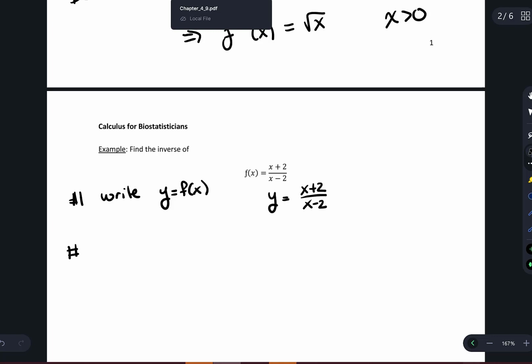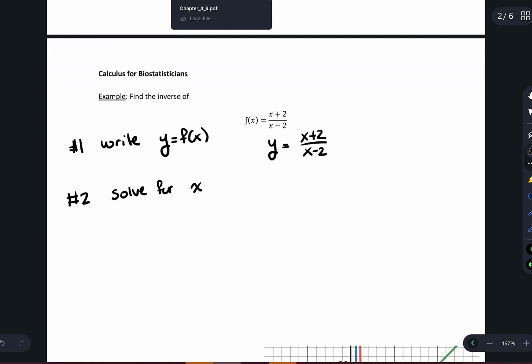For our second step, we are going to solve for x. So we'll start by multiplying both sides of the equation by x minus 2. Next, I'm going to multiply through by y.